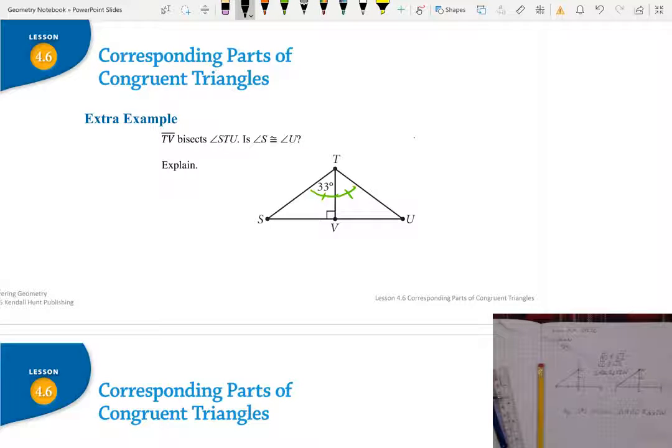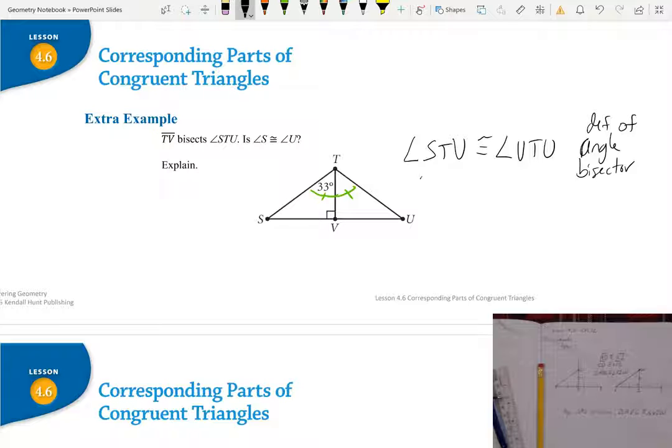So by this picture, angle STV will be congruent to angle VTU. Why? Because of angle bisector. And typically you say definition of angle bisector.